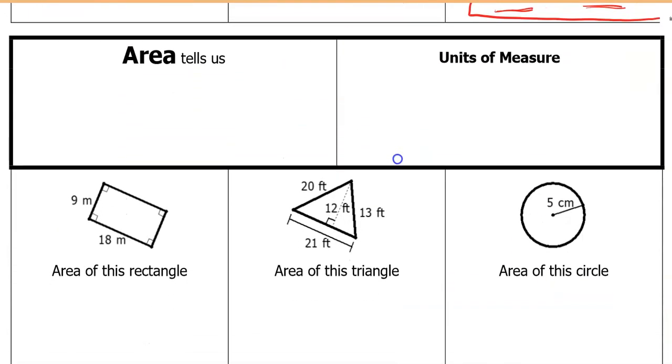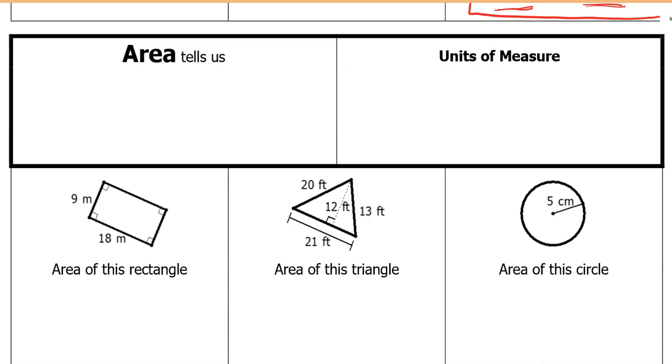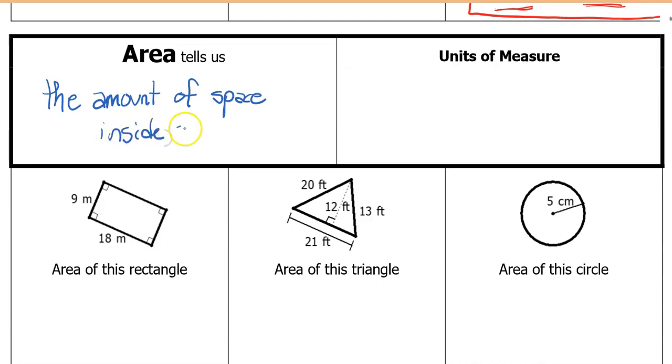But we've also looked at area. So area tells us something a little bit different. It tells us how much stuff can fit inside. And officially, we only talk about area with two-dimensional or flat shapes.